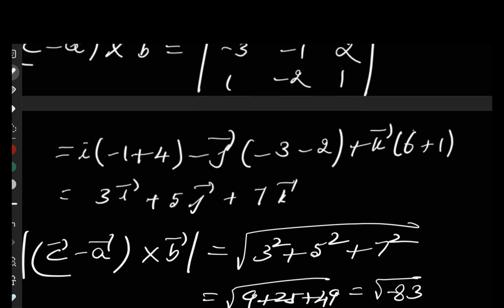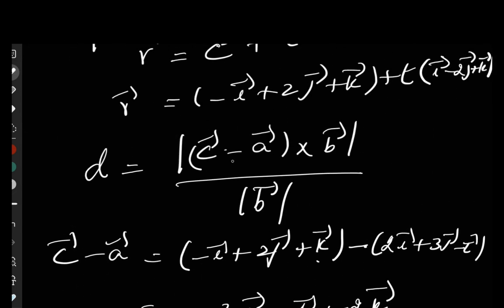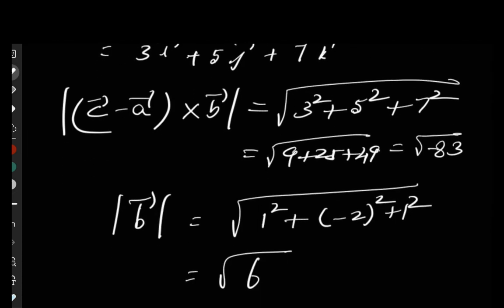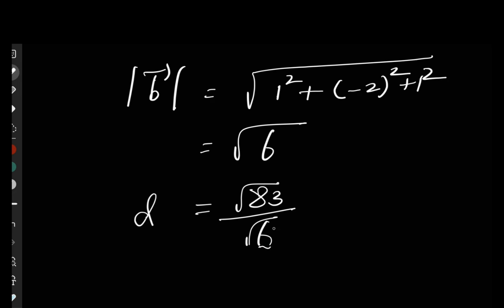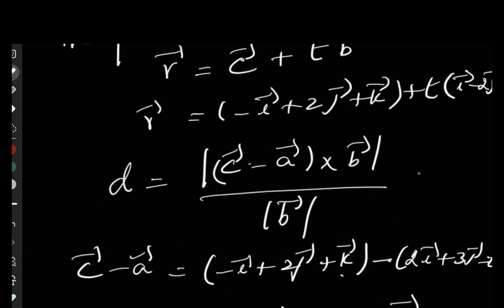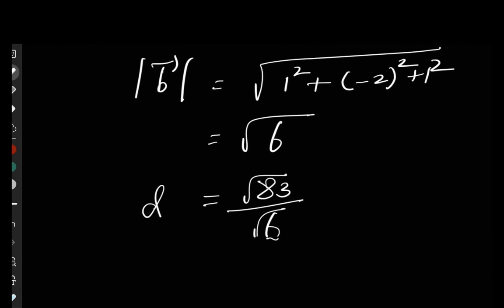D is equal to modulus of vector C minus A cross B, whose answer is square root of 83, divided by modulus of vector B, which is square root of 6. You can mark this as 1. So from 1, this is the answer. Thank you.